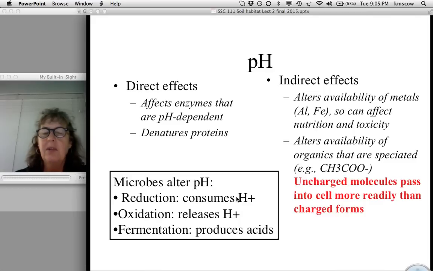There's a net consumption of protons under those conditions. Oxidation reactions, for example, oxidation of sulfur and ammonium, and any sort of organic compound that produces CO2, are going to release protons and lead to some acidification of that environment. And fermentation is another microbial reaction that produces organic acids as one kind of byproduct of those reactions.